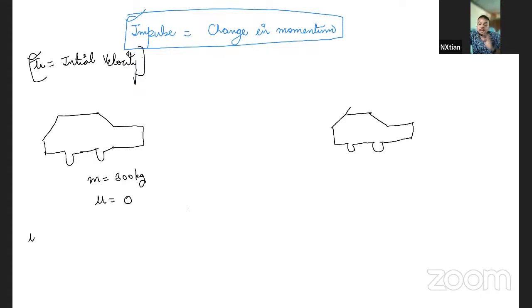Okay, and now the car starts. Now the car starts like it's in motion. I will put some graphics so that you can understand its motion.